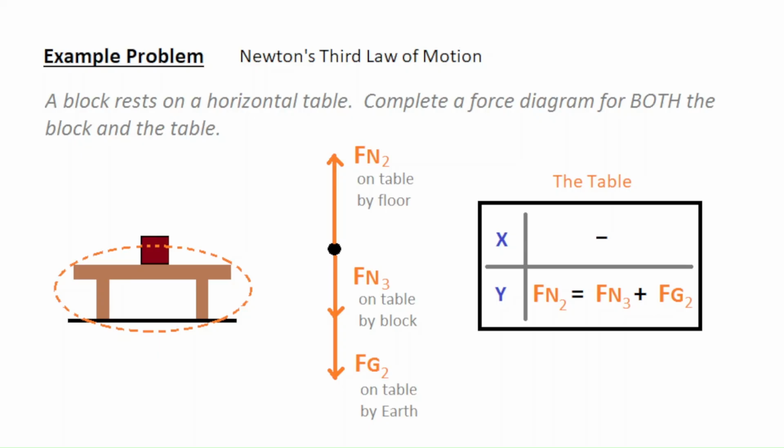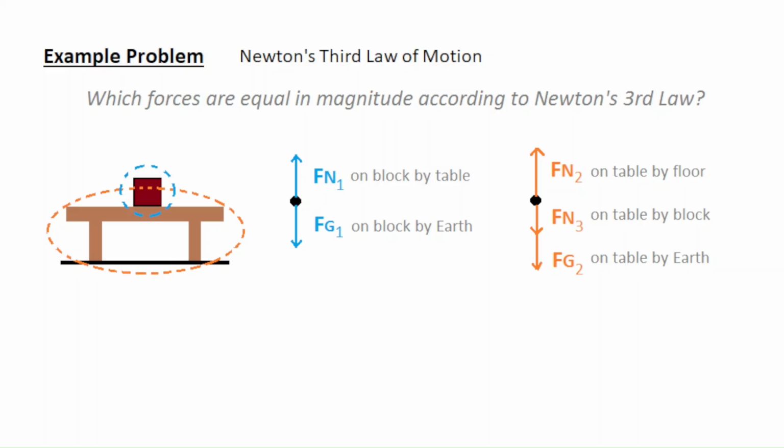And a downward force of gravity on the table by Earth. I'll call that Fg2. Since this table is not moving up or down, we want to say the total upward force is equal to the total downward force. So this equation is just stating that mathematically. This is saying these forces are equal because of the lack of motion, but again, not because of Newton's third law. All of these forces act on the same object.